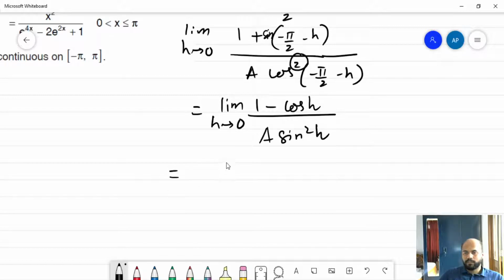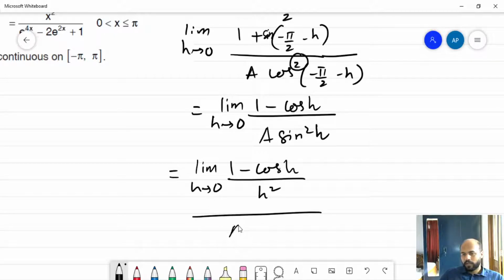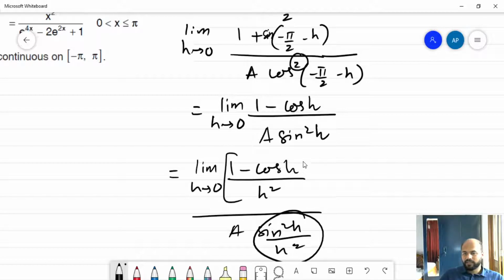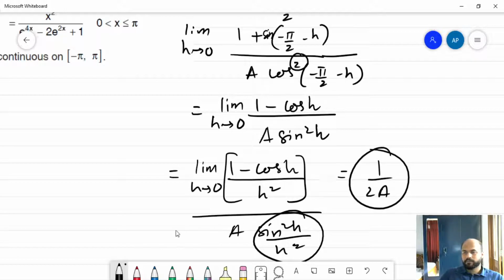Now overall this will be 1 minus cos h over h square, limit h tending to 0, and the value of this limit after you calculate would be half. So what we're going to get is 1 by 2a. So the value of LHL is 1 by 2a.